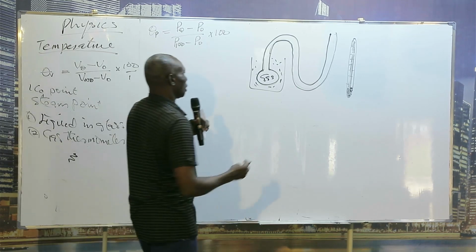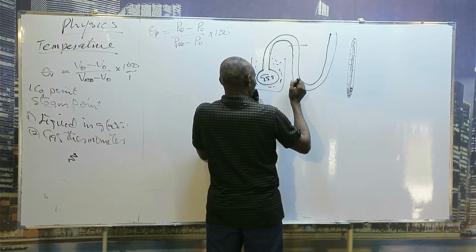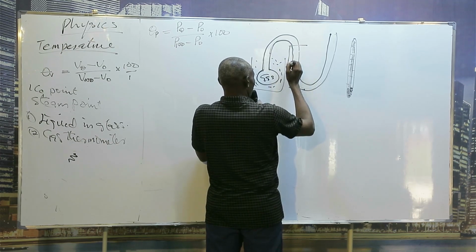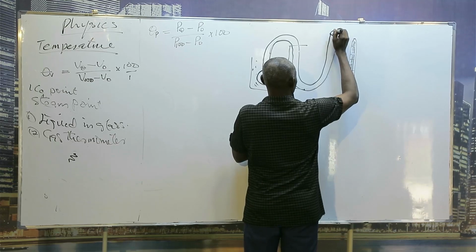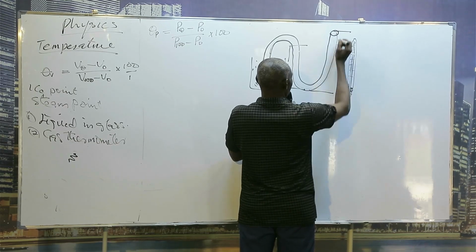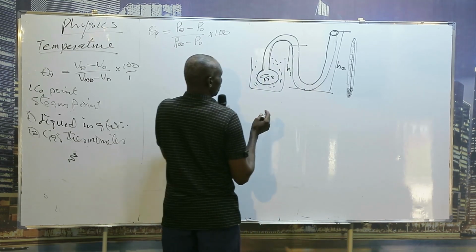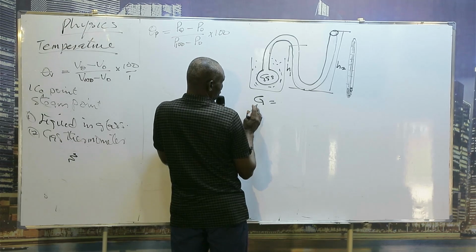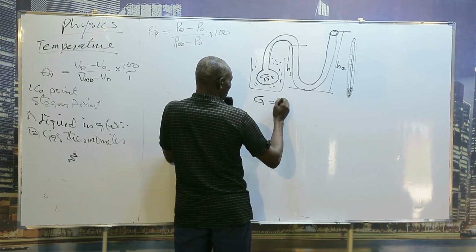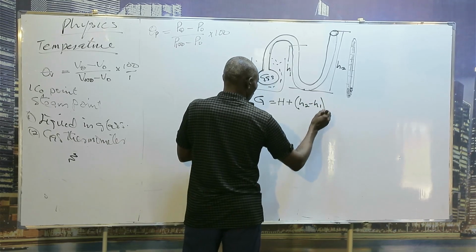For example, representing the level here as small h1 and the level from here down to the same curve as small h2. And normally, they ask you to determine the gas pressure, which is equal to atmospheric plus small h2 minus small h1.